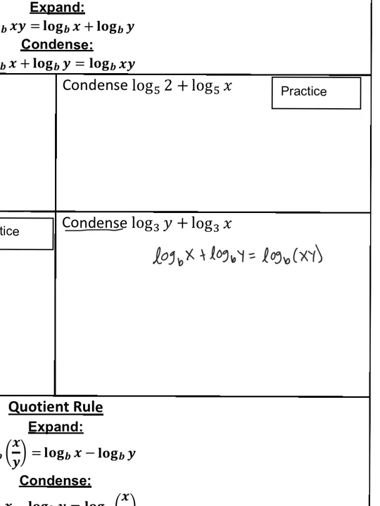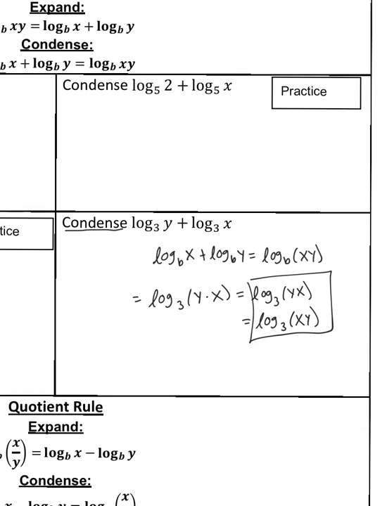So I want to turn it into the opposite of what I did last time and make it as two things being multiplied this time. So this is going to become log base 3 of y times x, or you can just write it as log base 3 of yx. You could also write it as log base 3 of xy, because I can multiply in any order that I want to. So either of these answers would be acceptable.